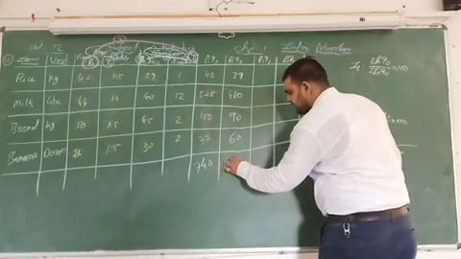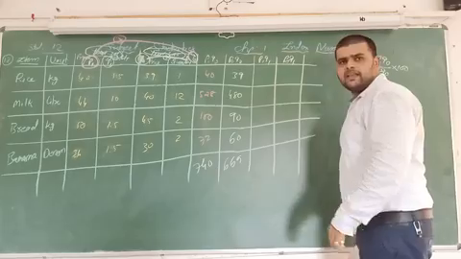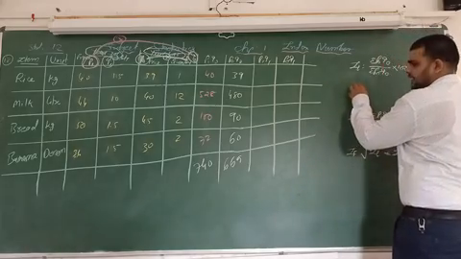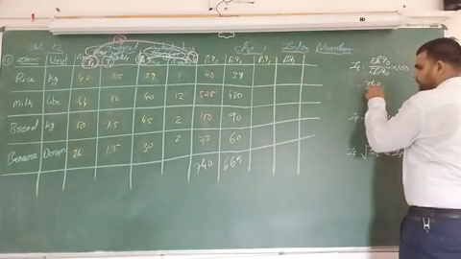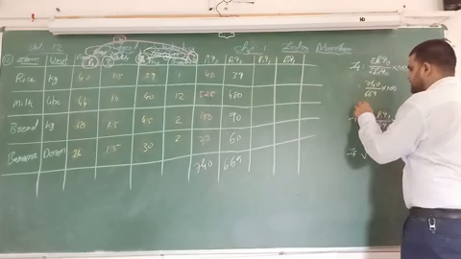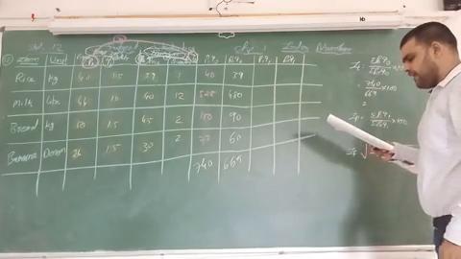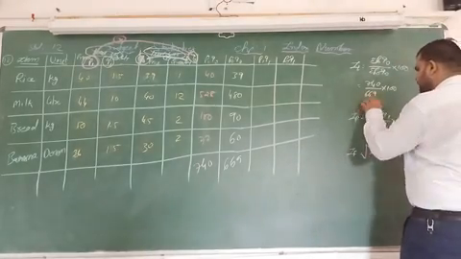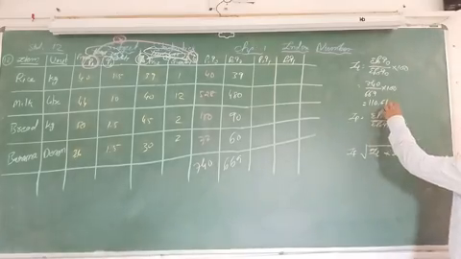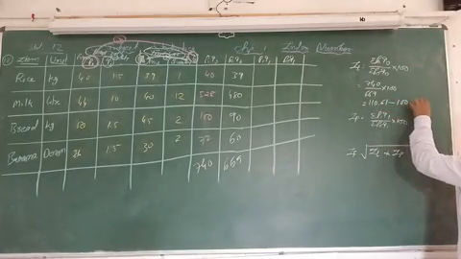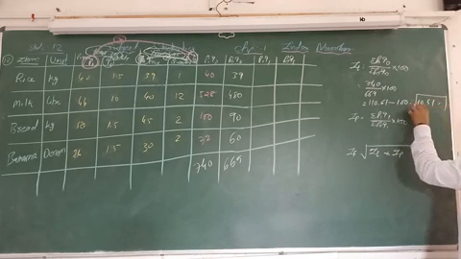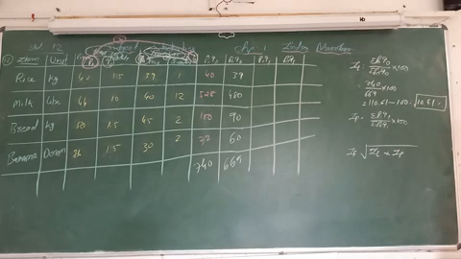Summation, so 669. So first of all we have found the Laspeyres index number: 740 divided by 669 multiplied by 100, and the index number is 110.61. The general index number is 100, so it increased by 10.61.